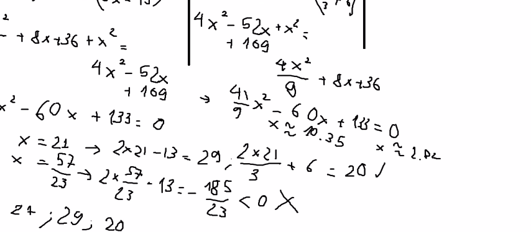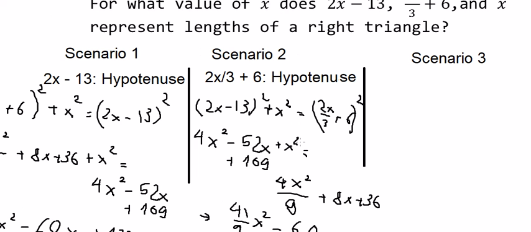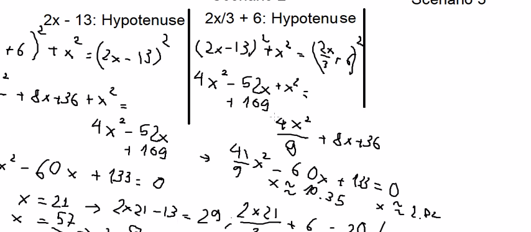So we put the number from x back into this one. 2 multiplied by 2.82 gives a negative, so we need to recheck this number. You get a value of about 20.7. We know the hypotenuse should be the biggest, but we calculate 20.7 is greater than 10.35.